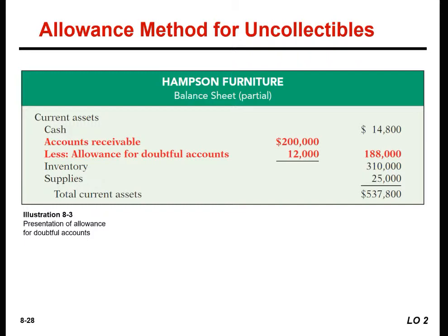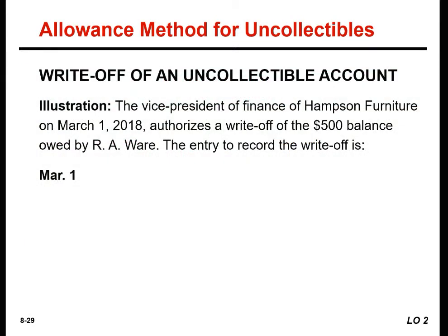Now, at some point in time, we're going to realize which accounts at Hampson Furniture are the ones that are actually not going to be collected. So the Vice President of Finance authorizes a write-off of a $500 balance owed by R.A. Ware. So we've determined that R.A. Ware is not going to pay this $500 balance.